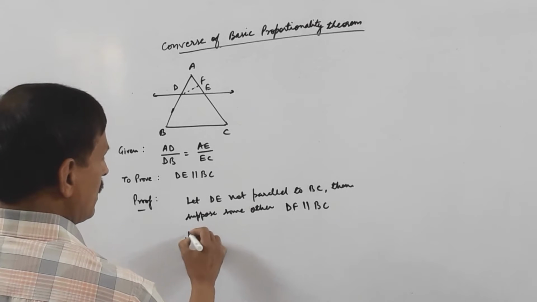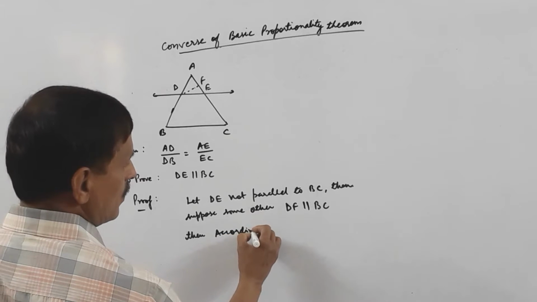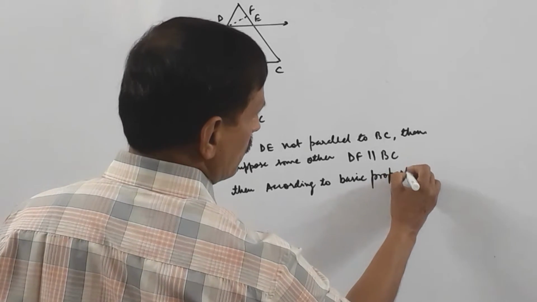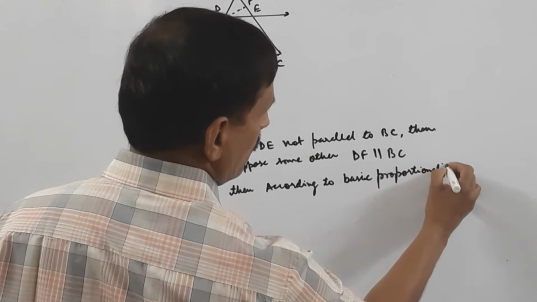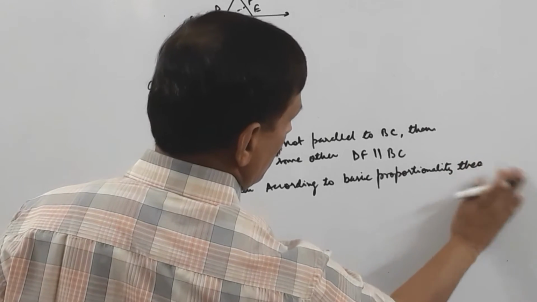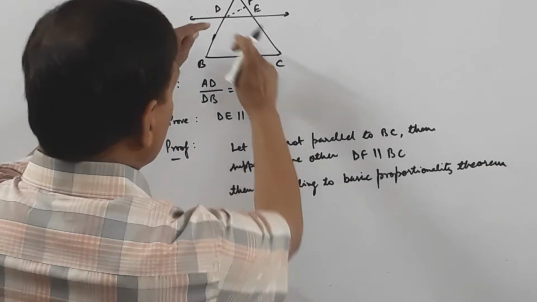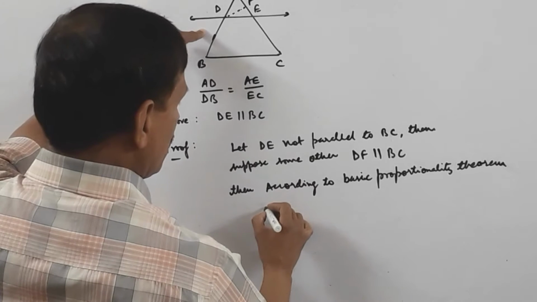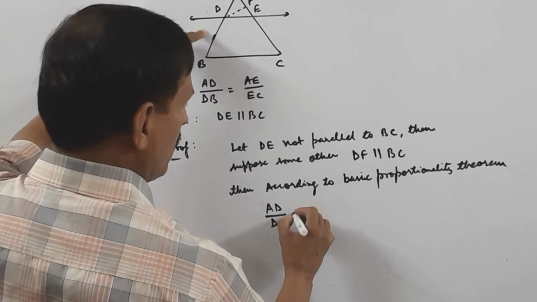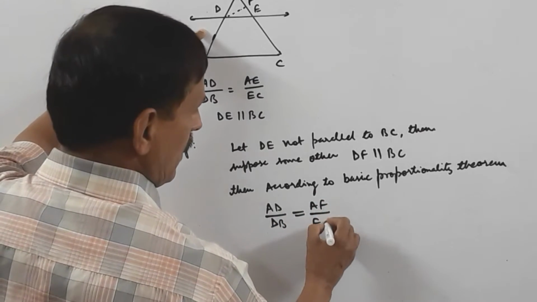Then according to basic proportionality theorem, if DF is parallel to BC, AD upon DB is equal to AF upon FC.